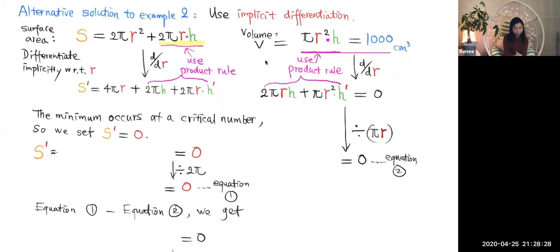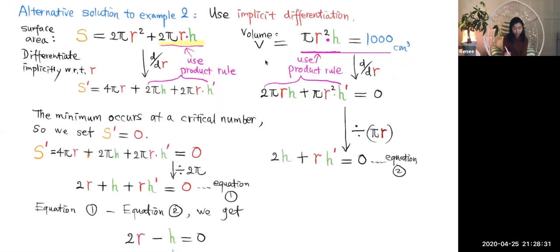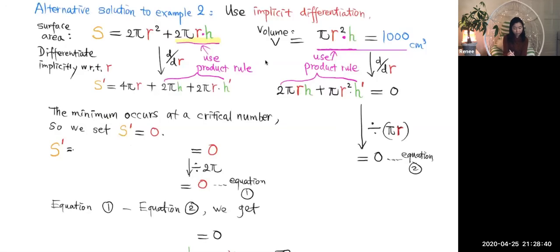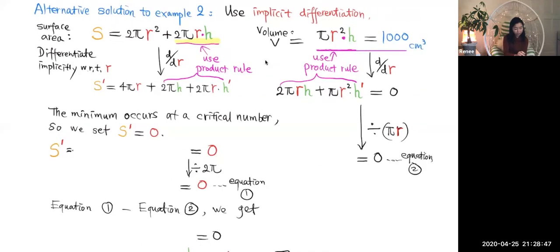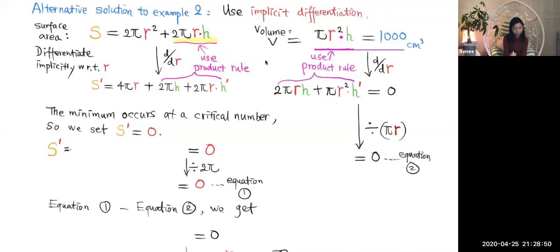Now, the minimum is going to occur at a critical number, okay? So we're going to set this first derivative equal to 0.